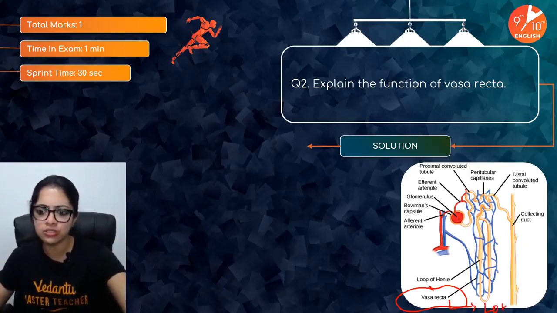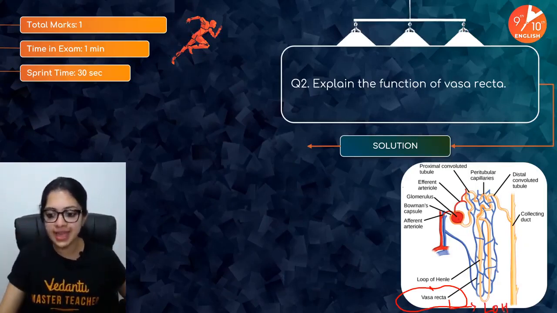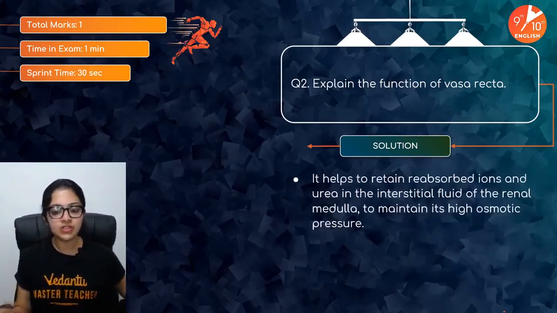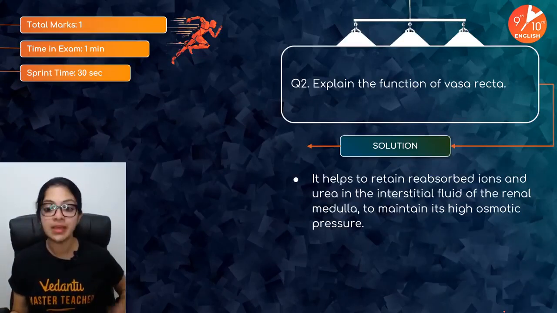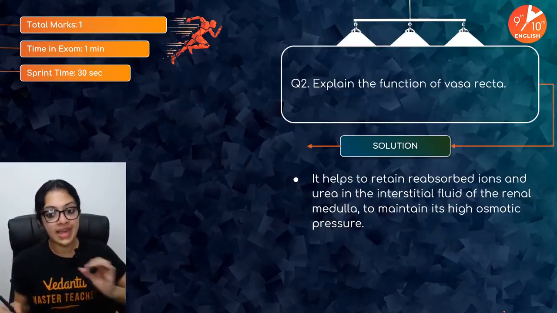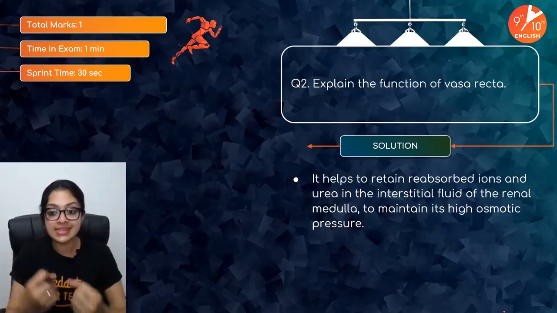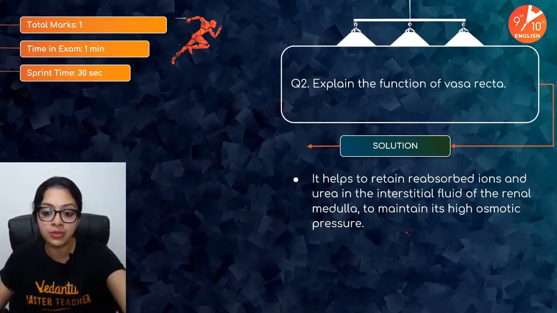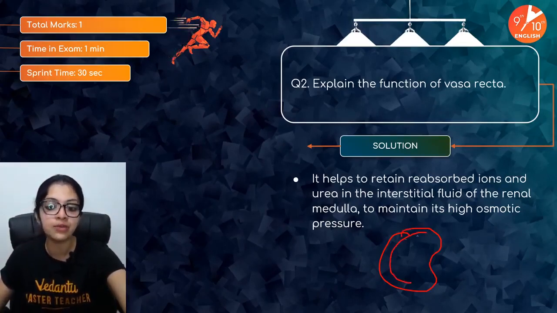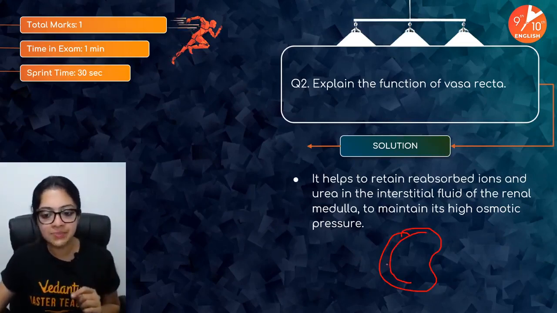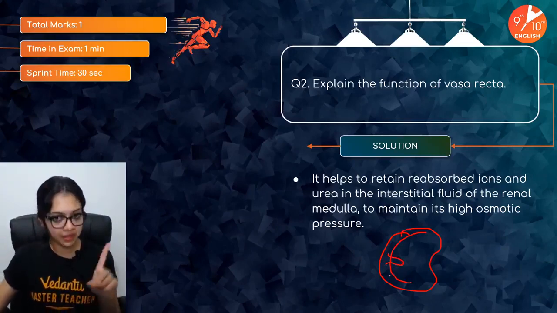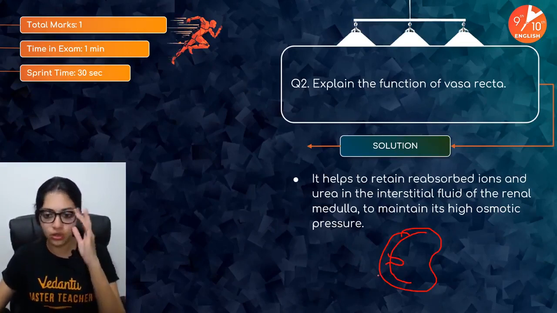So why is it important? Why do you think it's there? Well, it's got a very special reason, and it's very, very important because it helps to retain the reabsorbed ions and urea in the interstitial fluid of the renal medulla. If you remember, the kidney has got an outer cortex and an inner medulla. Loop of Henle is mainly focused in the medulla, right? We've been looking at all these concepts.